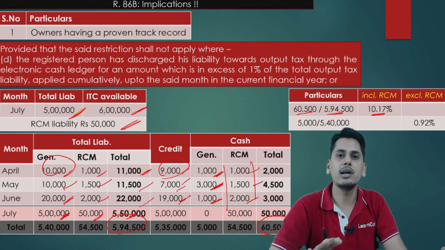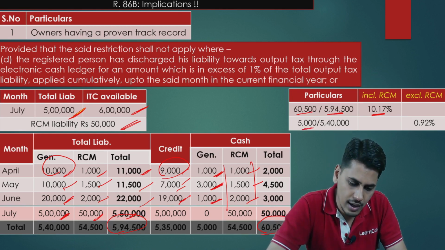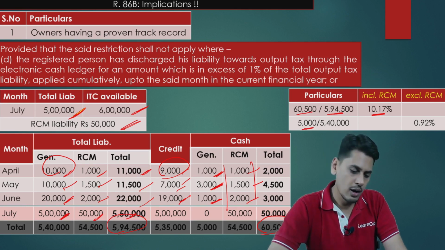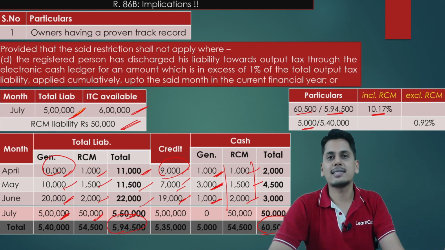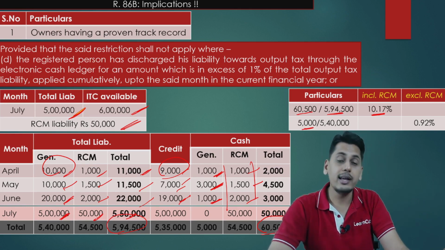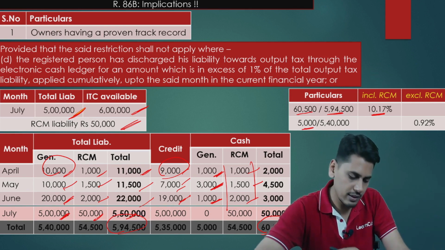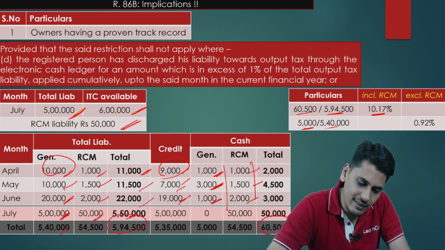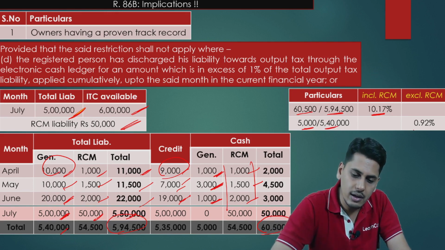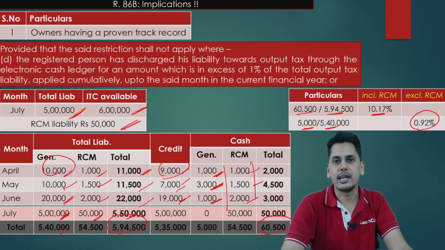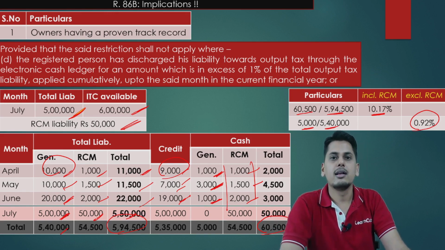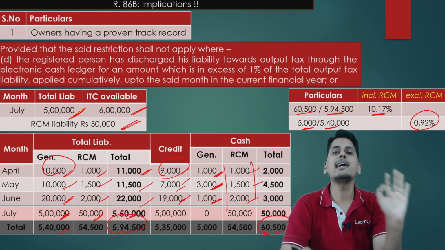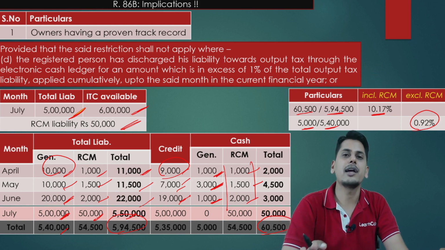So 5,000 is the numerator. What is my normal output tax liability cumulatively, including the current month? 5,40,000. So 5,000 divided by 5,40,000, I get 0.92%.